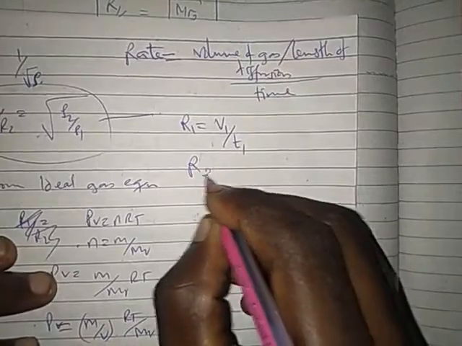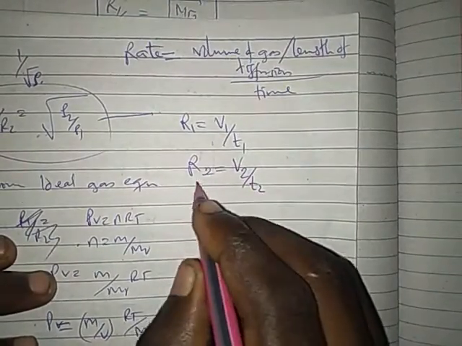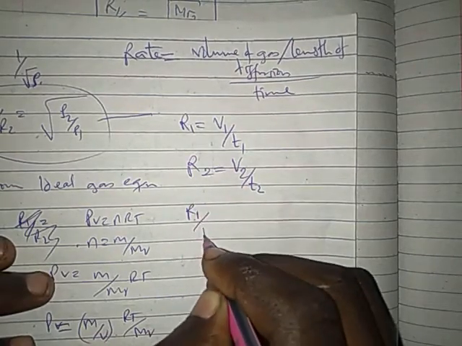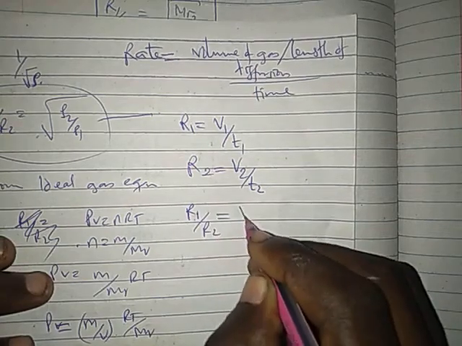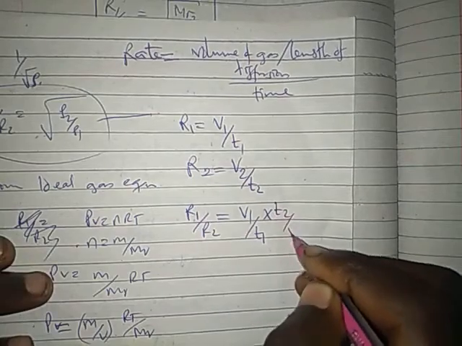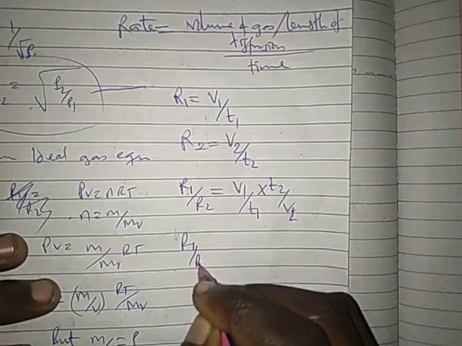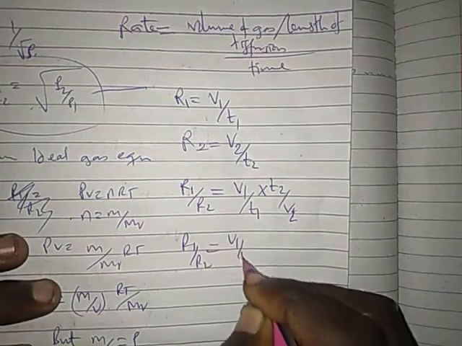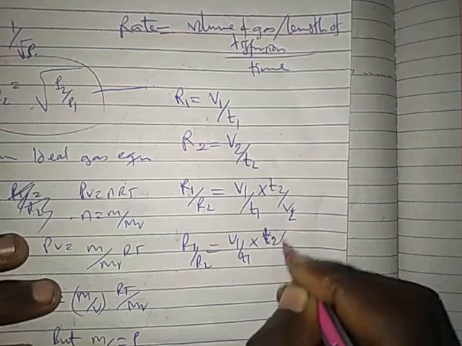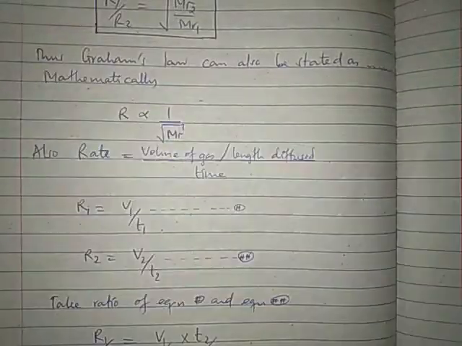Rate 2 inaweza kuwa sawa na volume 2 divided by time 2. So rate 1 divided by rate 2 itakuwa volume 1 divided by time 1 times time 2 divided by volume 2. Rate 1 divided by rate 2 is V1 T2 over T1 V2. You see, that is Graham's law.